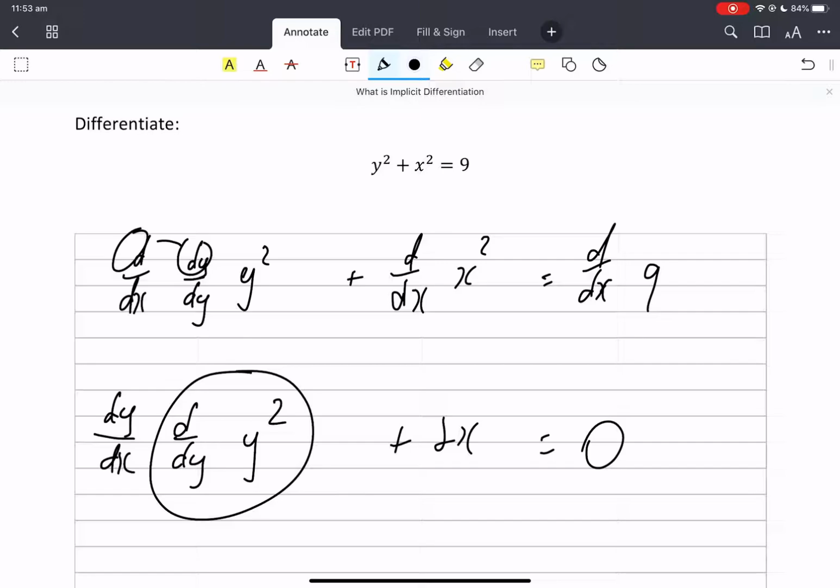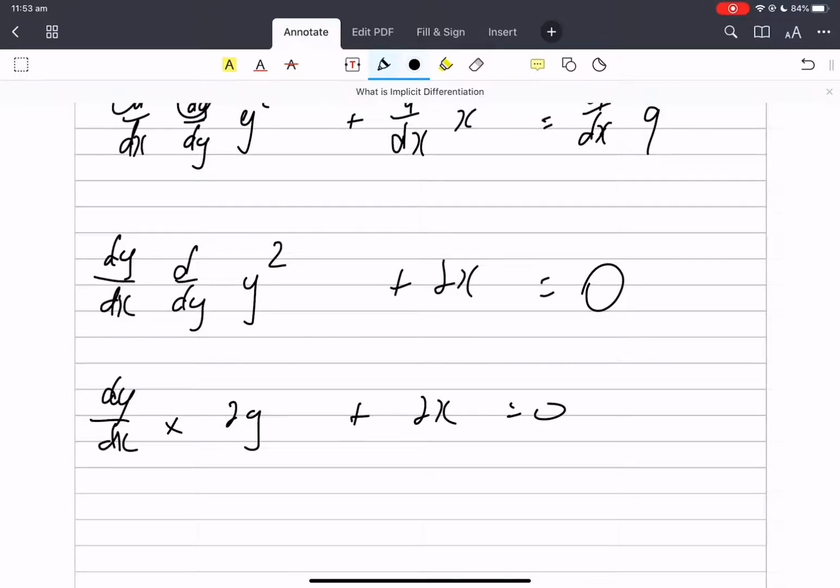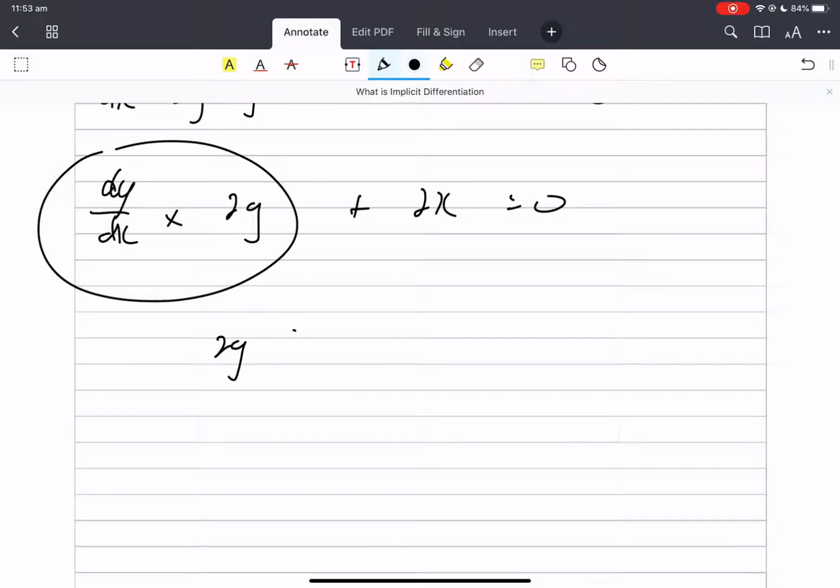We're thinking, what's the derivative of y squared with respect to y? So d/dx of x squared would be 2x. It stands to reason, and that's going to be 2y. So we've got this dy/dx multiplied by 2y equals 0. That's sort of nasty. Let's just rewrite that. 2y dy/dx plus 2x equals 0.